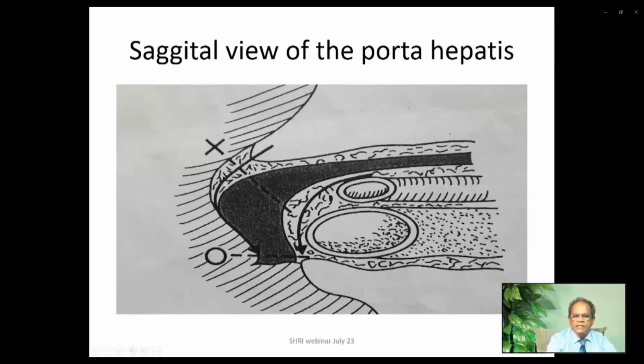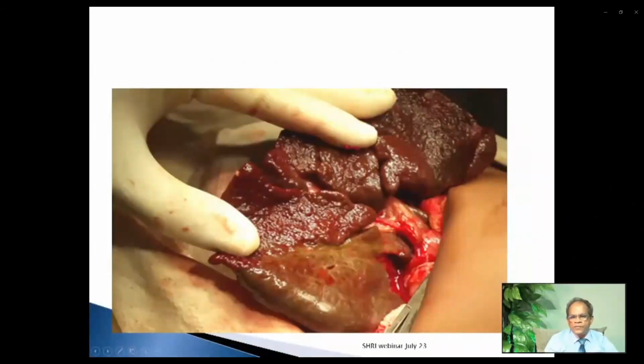Because that's where the posterior wall of your Roux loop should go, and it needs to be stitched here. If you just stitch it somewhere there and the anterior wall there, that's not going to drain bile. So that is why it is important to fully deliver the liver outside.